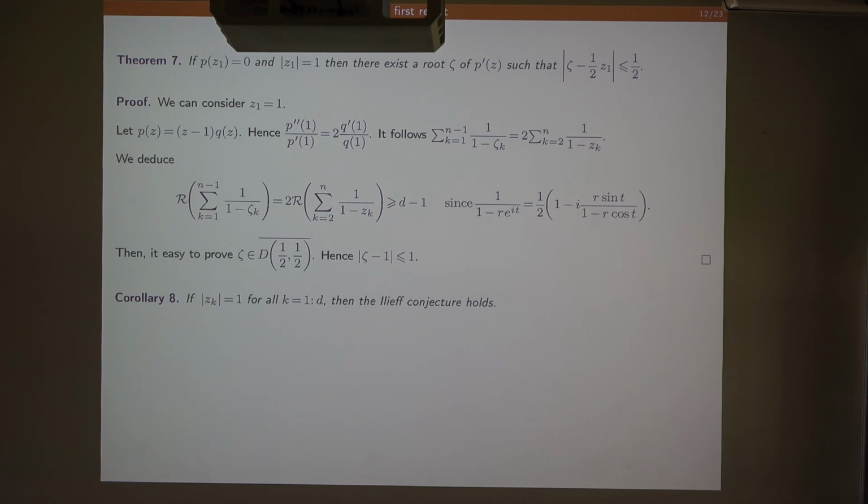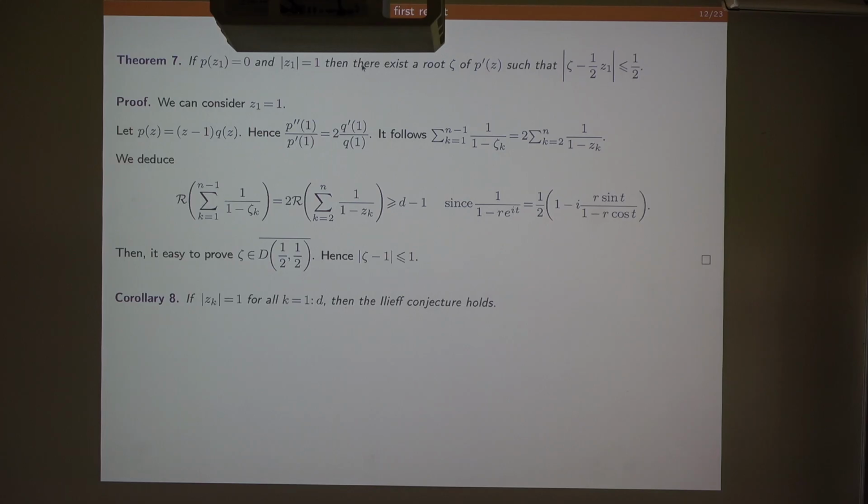A first result in the direction of the proof of this conjecture. You consider a root on the unit circle.